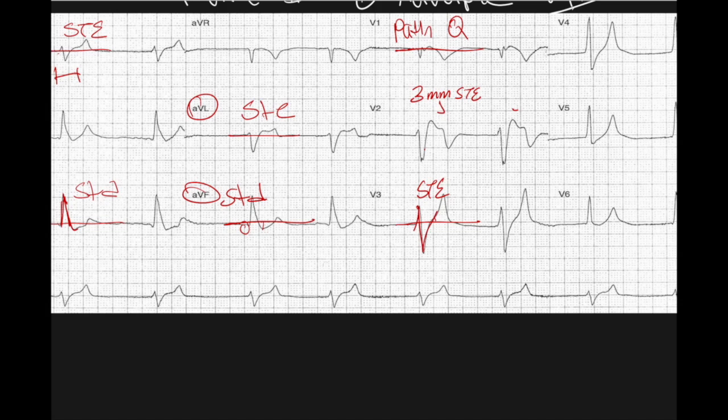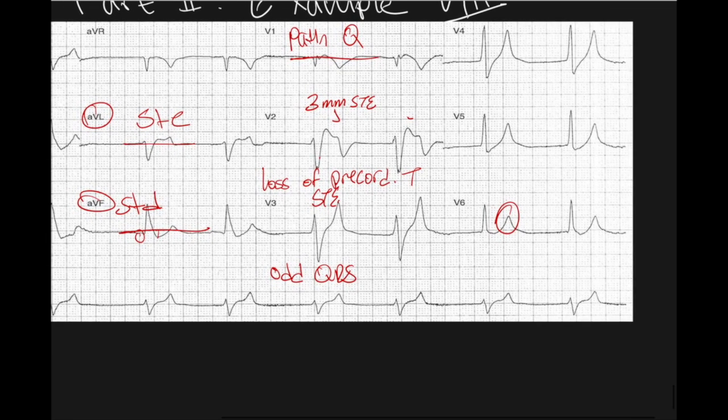Again, we have this kind of like wide, odd QRS complex throughout, right? Like it's kind of just widened more than it should be. And no discernible P waves. And these T waves are a little bigger than V6, so we could say we have loss of precordial T wave pattern. So a little bit of ST elevation, a little bit of odd QRS, yes, loss of precordial T waves.